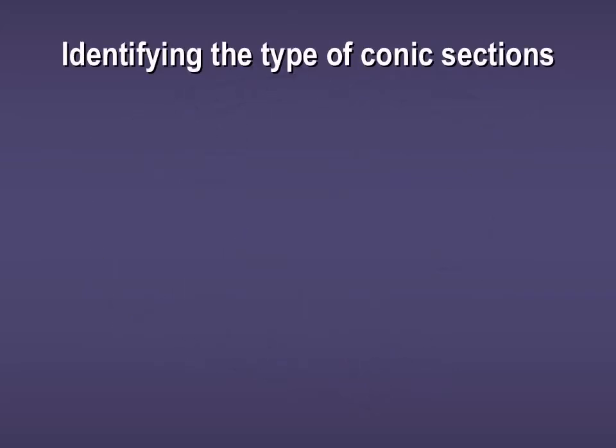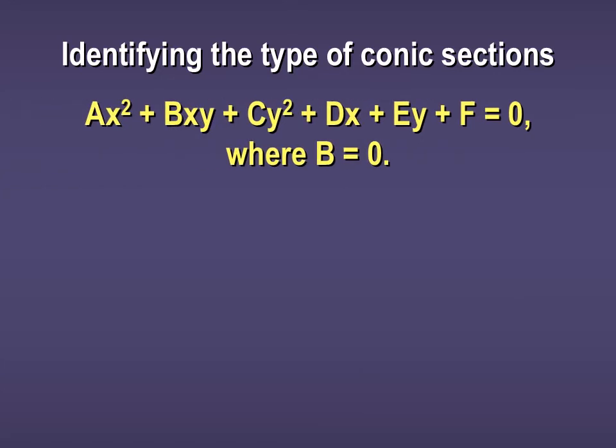Okay, so how do we figure out the different types of conic sections? There's 4 of them, right? So we take this general equation, ax squared plus bxy plus cy squared plus dx plus ey plus f equals 0, where b equals 0. So basically, this number right here does not exist, because b is 0.